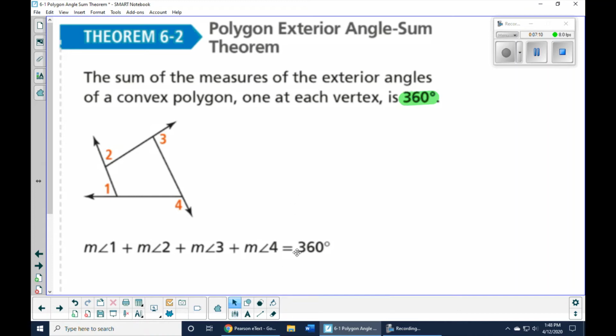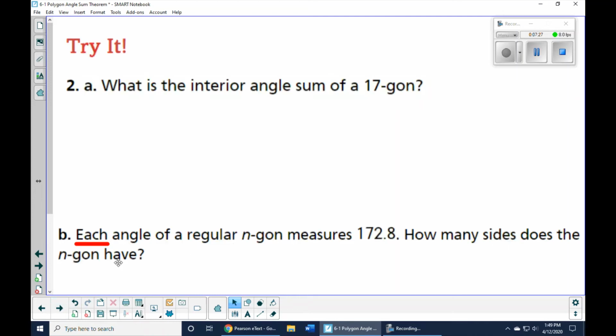Exterior angles, 360. Why don't you say that 10 times to yourself after this video is over, because then it'll maybe stick. All right, exterior angles will always add up to 360.